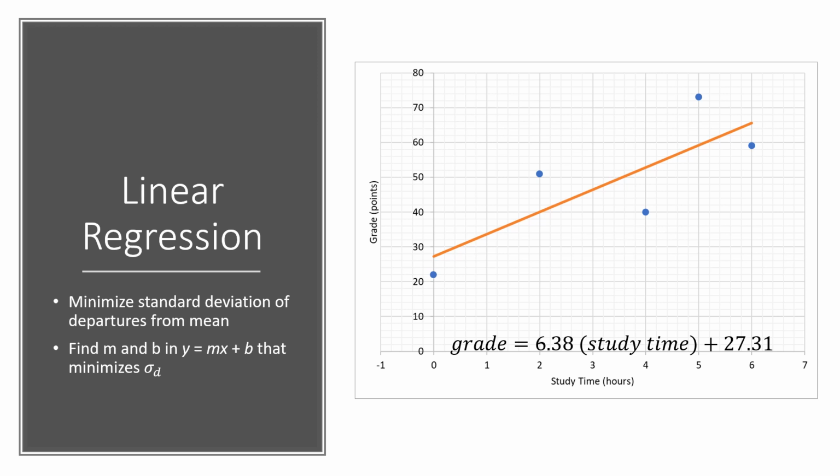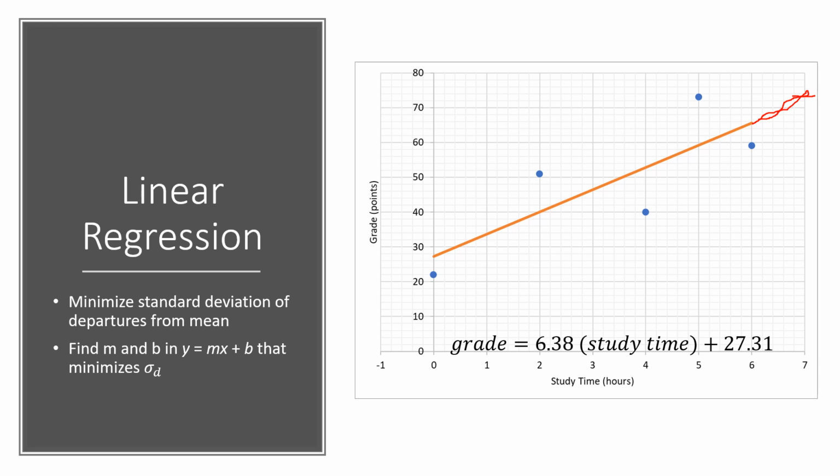You can imagine you could even extrapolate this if you believe the extrapolation. I'm trying to draw a straight line. That's not too bad. If a student studied 7 hours, our prediction of their grade would be up here, about 74 points. We could also extrapolate, but you can't extrapolate to negative hours. That would be difficult.